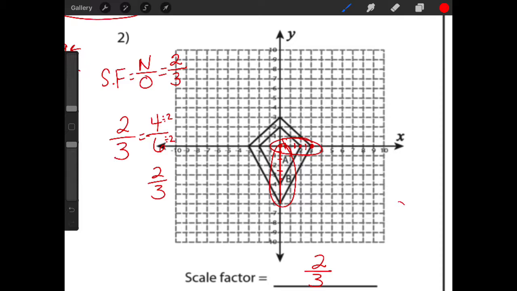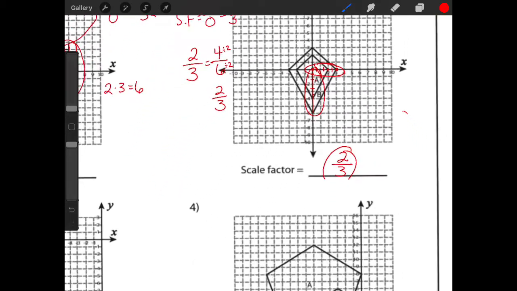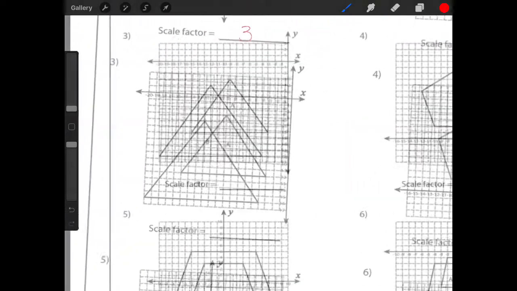I'm getting 2/3 is what I'm multiplying by in both situations. So that's a good way to check your answer. And also think about that. We went from B to A and that was a reduction, so your scale factor should be less than 1, which in our case it is. So always check to make sure that it is supposed to be a reduction or enlargement.